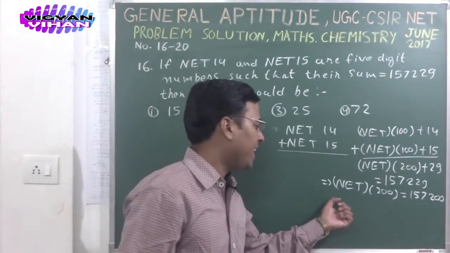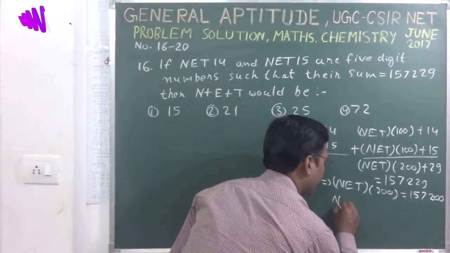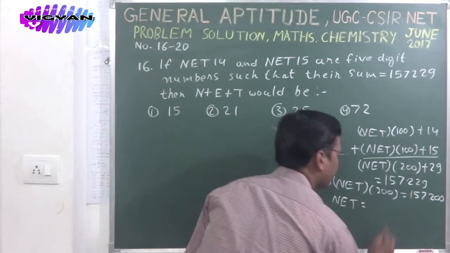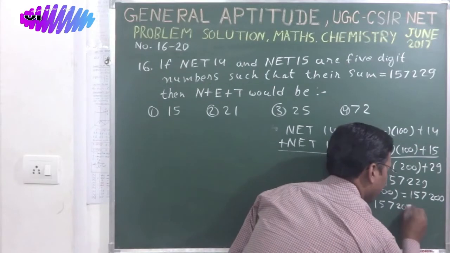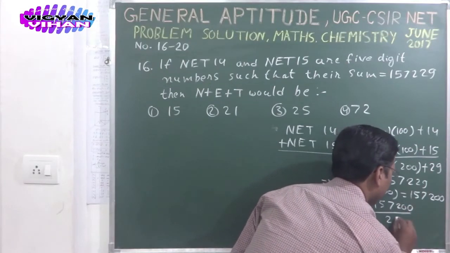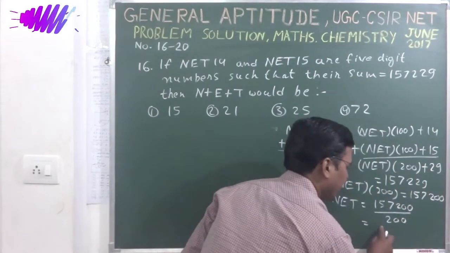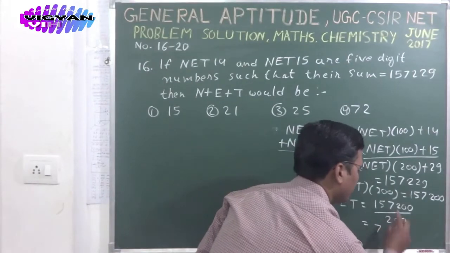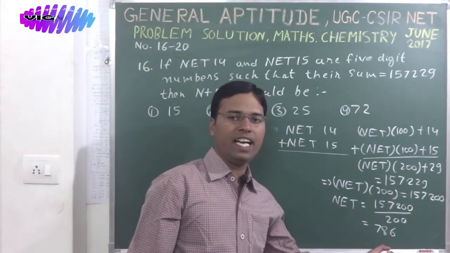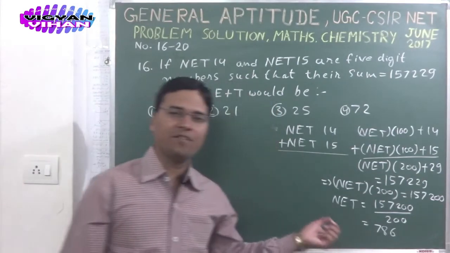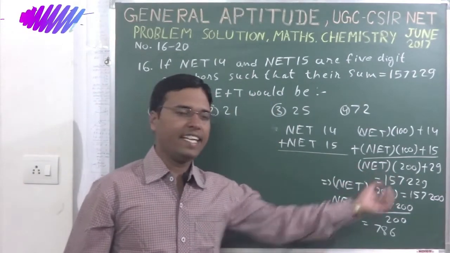Now the NET value can be calculated by solving this equation. 1,57,200 divided by 200, you will get the value 786. That is the value of NET.